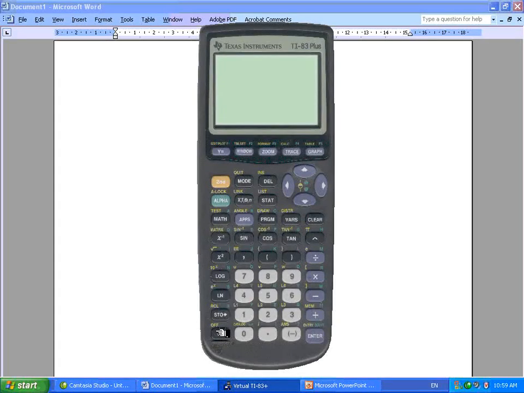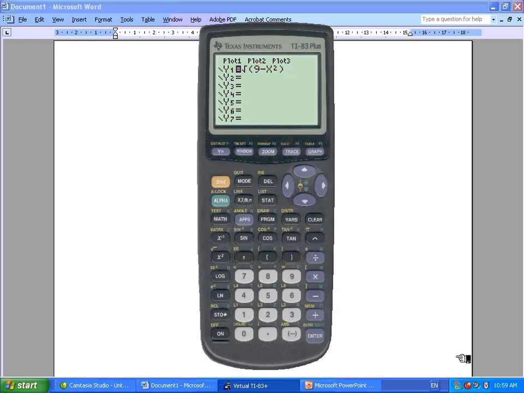So here we go. We turn the calculator on. Looks like we've got some stuff on here from the previous exercise, and I'm going to clear this away. For y1, I'll enter square root, which is second function x squared, and then just 9 minus x squared.